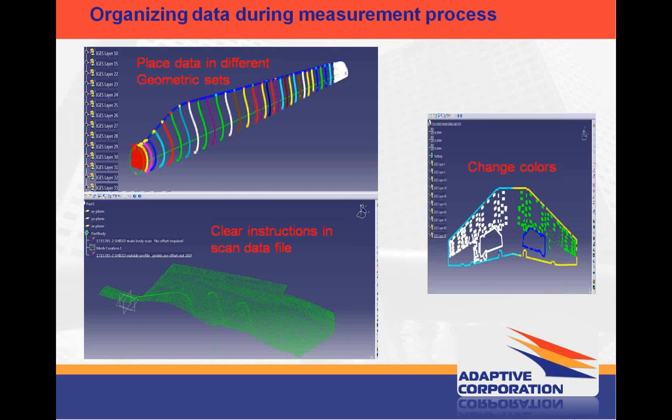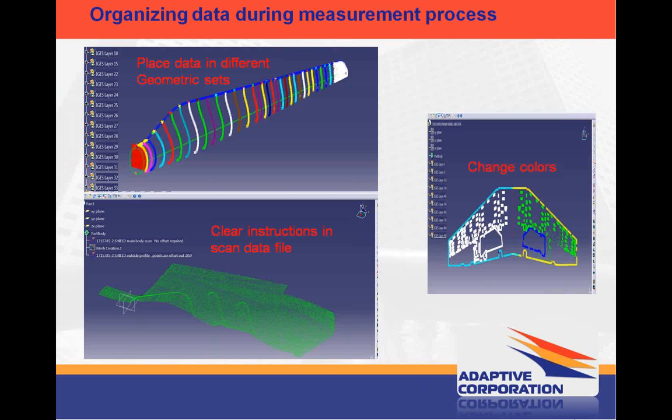Another important part that the technician wants to keep in mind is it is extremely important for the scanning technician to organize data before passing the scan file to the designer. What I mean by this is when we organize the data and as we're gathering the data, in CATIA we can control the data in different geometric sets.